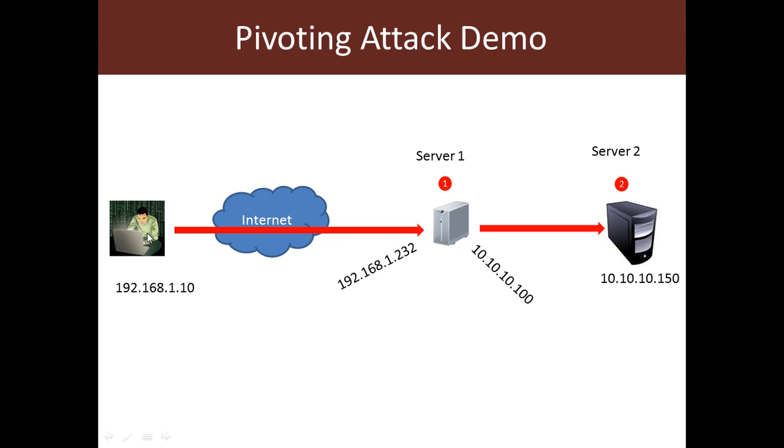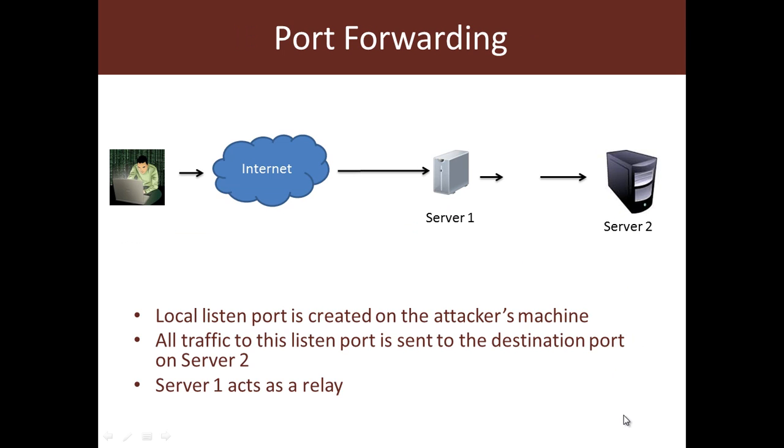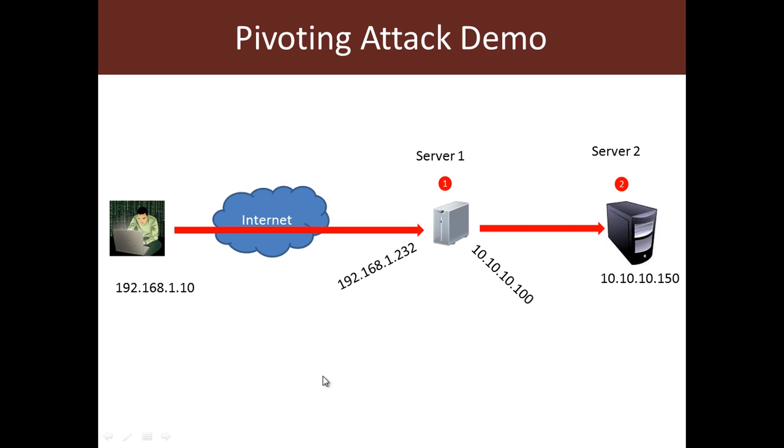The attacker is on the internet and can get IP level connectivity to server 1 but not to server 2. So this is the sample scenario. First we will attack server 1, break into it, and then use server 1 as a pivot to break into server 2. Right? So let's go to our demonstrations.